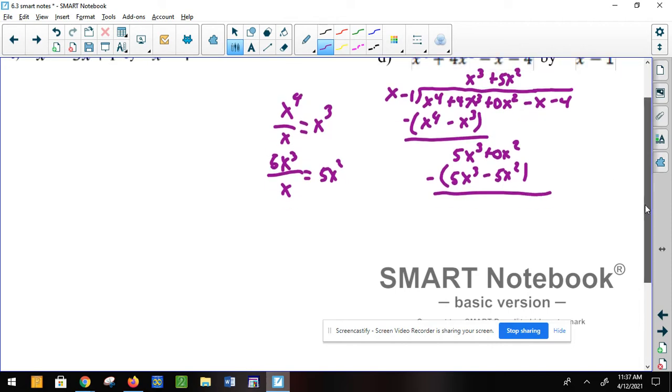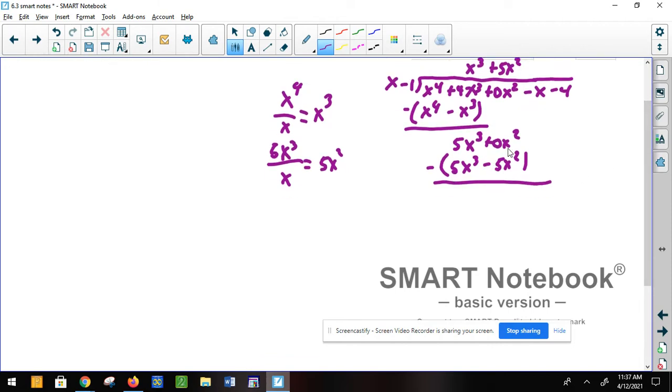Let me do that for now. And then 0x squared minus negative 5x squared is positive 5x squared. Now you're going to bring down the negative x. How many times does x go into 5x squared? Write it out if you need to. It's 5x times.